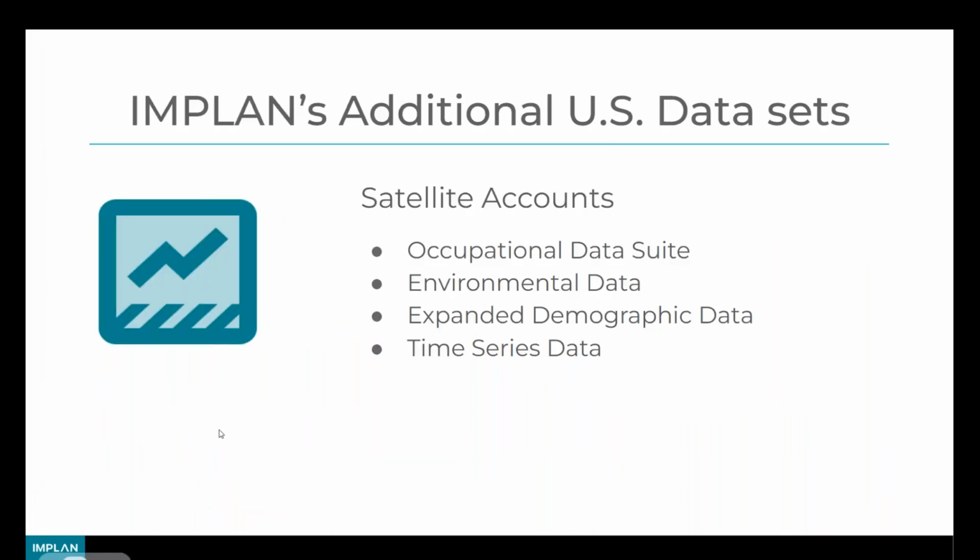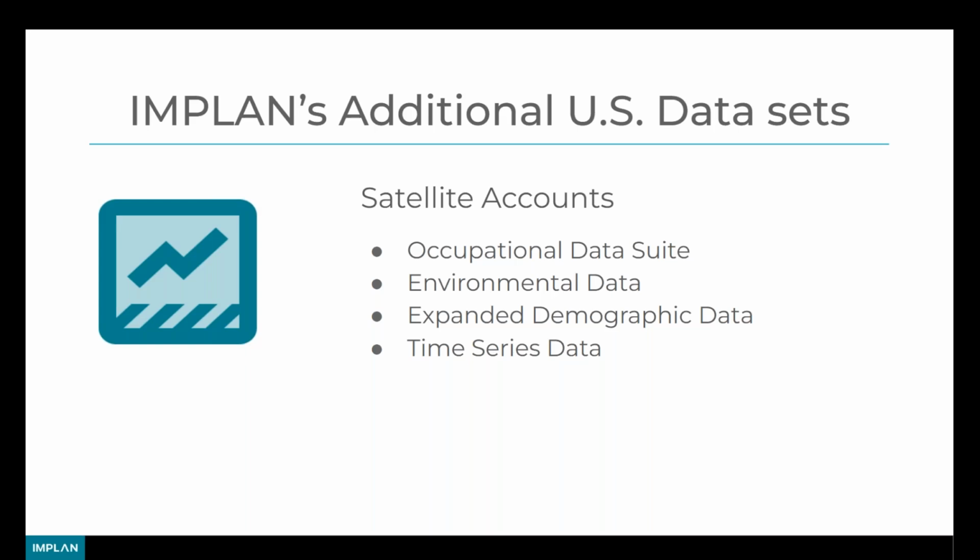In addition to IMPLAN's US data sets from an economic perspective, we also have various different satellite accounts. This includes our occupational data suite: occupational employment, wages, skills, education, and on-the-job training. We also have environmental data, which consists of 12 broad categories of ratios representing physical emissions or inputs per dollar of industry output.